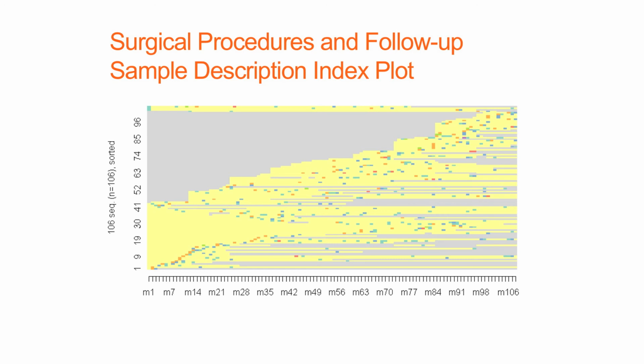The different colors here: I think the orange one is an index surgery of interest. The red and blue are follow-up surgeries, two different kinds of surgeries of interest. And then there are some green ones. I'm sorry, the green kind of blends with the blue. They're kind of a teal color. They are hospital admissions for any other reason.